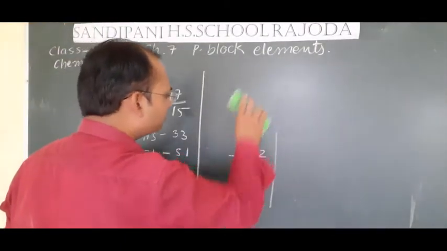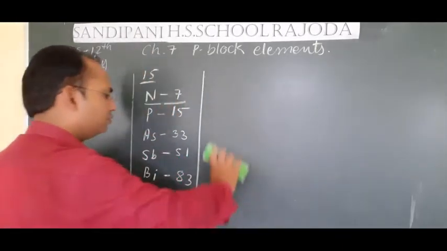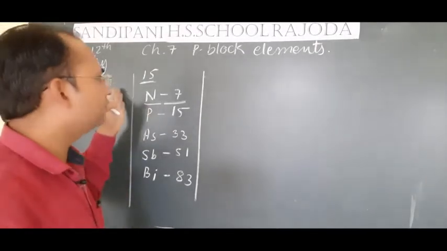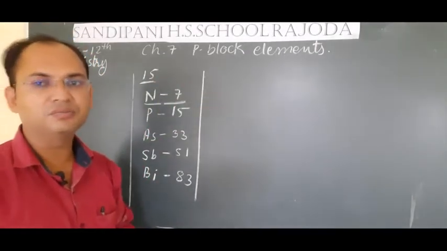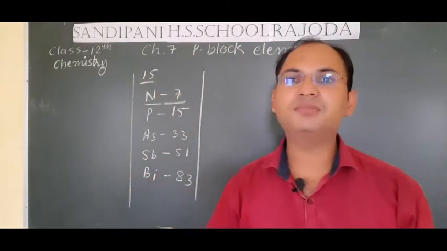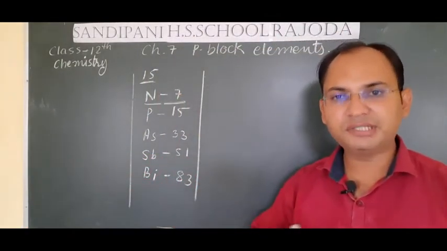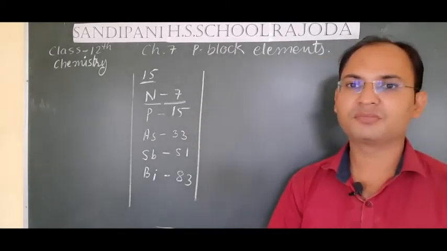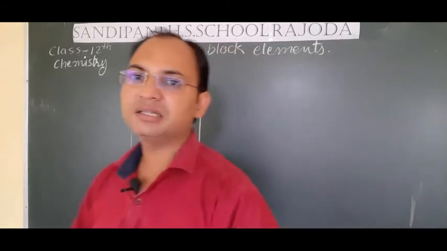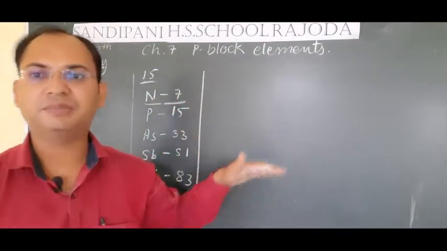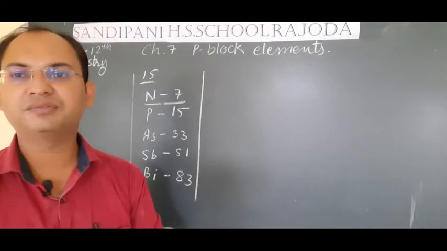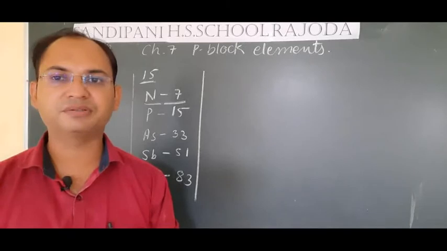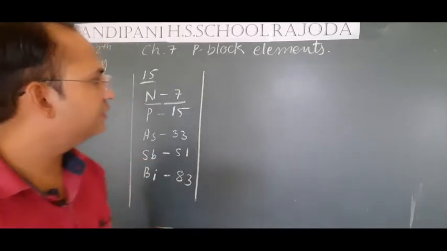Students, in both the groups, either in 15 or in 16, the very first member of the family, that is nitrogen in the 15th group and oxygen in the 16th group, show some anomalous or different properties than the other members of the group. So you may be asked, what are the different properties of the first member of the family, and what is the reason behind showing the anomalous behavior from the rest of the members of the group. So let's see one by one.